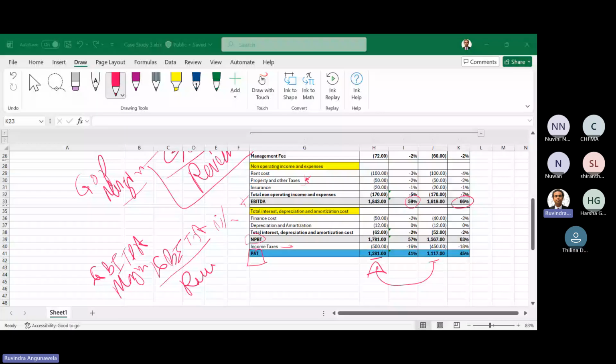Right. What about the others? Luini, Harsha, Nuwa, Shiranta, are you all okay? Okay, sir. Yes. Right. If you do not agree, or if you do have discrepancies, we can clear that out before we leave this.